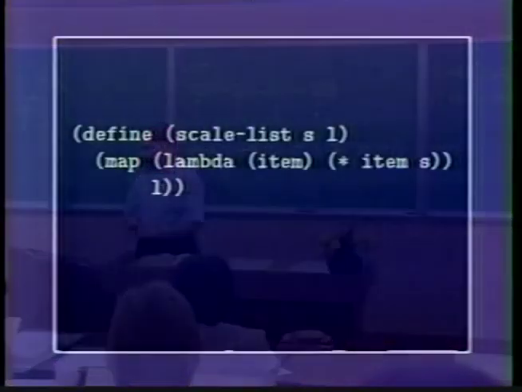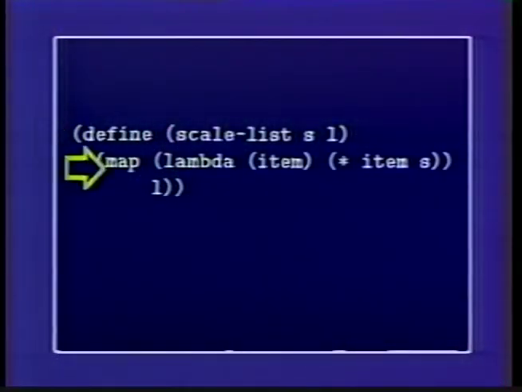But I could say scale list is, another way to define it is just map along the list by the procedure which takes an item and multiplies it by S. Right, so this is really the way I should think about scaling a list. Build that actual recursion into the general strategy, not into every particular procedure I write.